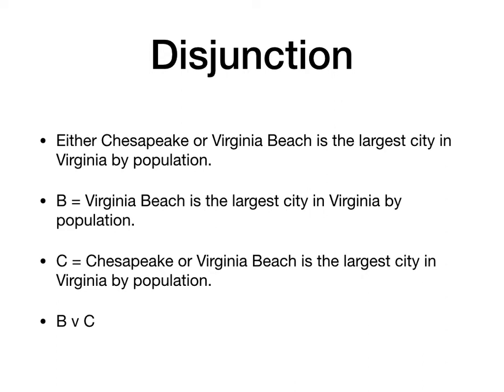Well, B or C, right? One of these is true. B, Virginia Beach is the most populous city. C, Chesapeake is. B or C. That's all our little wedge or V symbol means. And you can just use a lowercase v on your keyboard for this. That's all it is.